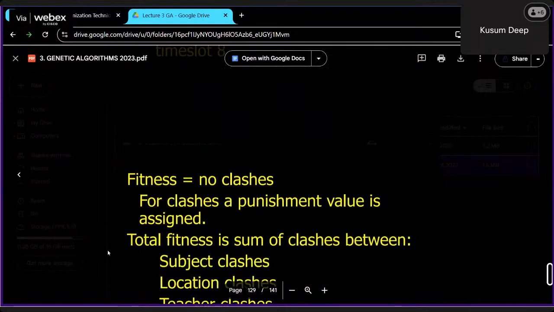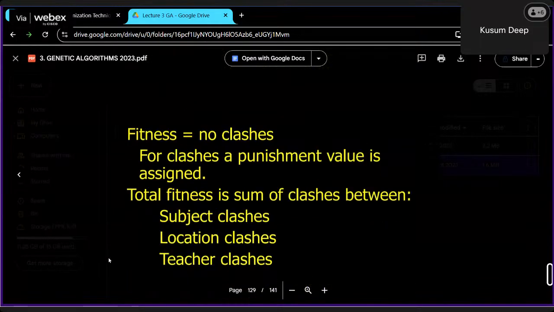So next thing is we need to define the fitness. Now, whosoever chromosome does not have any clashes is the best. So therefore, fitness can be defined by the number of clashes.